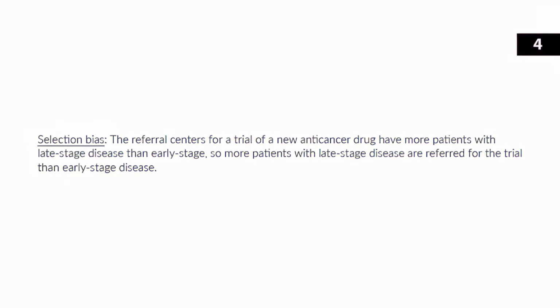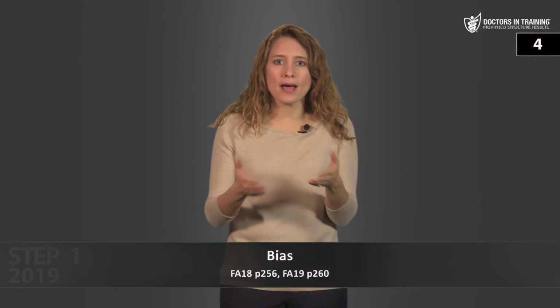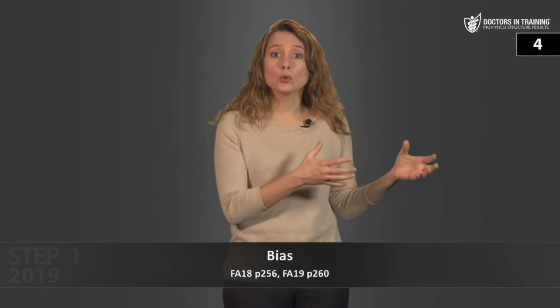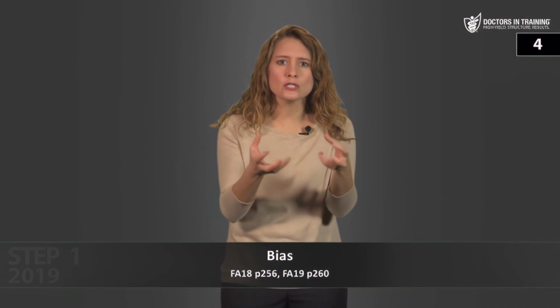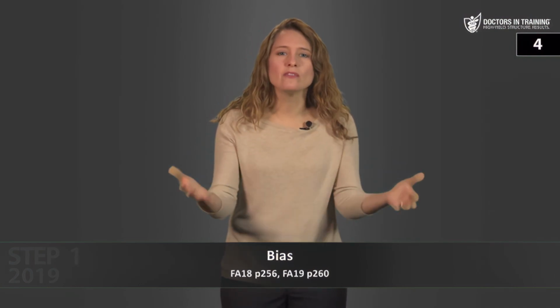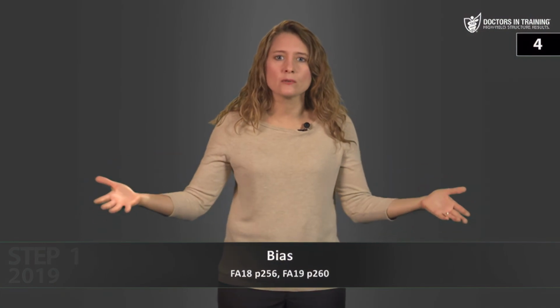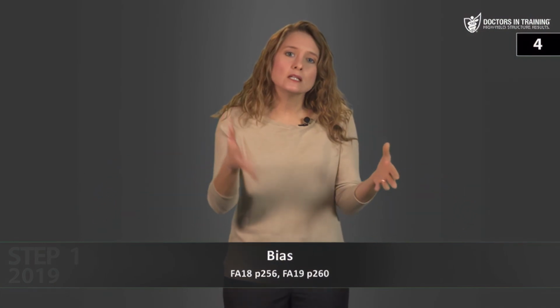So more patients with end-stage disease are referred than early-stage disease. So there will be a selection bias in the study. What we see here is that the referral pattern for the study is skewed toward end-stage disease. Therefore, study conclusions drawn from the data may not reflect the drug's effectiveness in all patients with this form of cancer. Now let's talk about a few specific forms of selection bias.